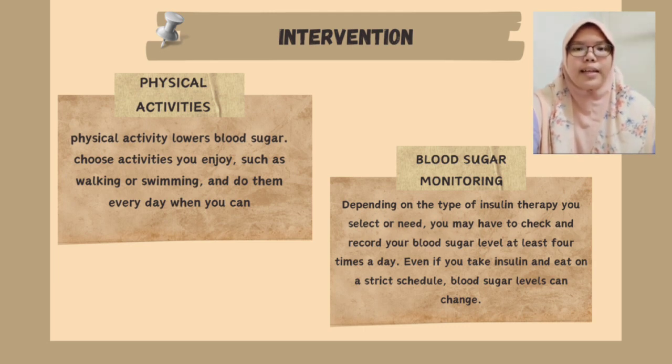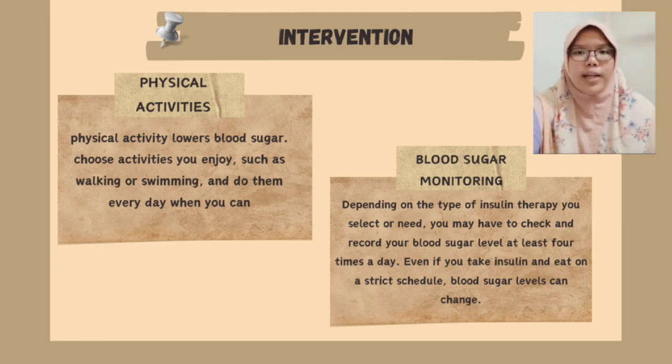Remember that physical activity lowers blood sugar. So if you begin a new activity, check your blood sugar level more often than usual until you know how that activity affects your blood sugar levels. You might need to adjust your meal plan or insulin doses because of the increased activity.